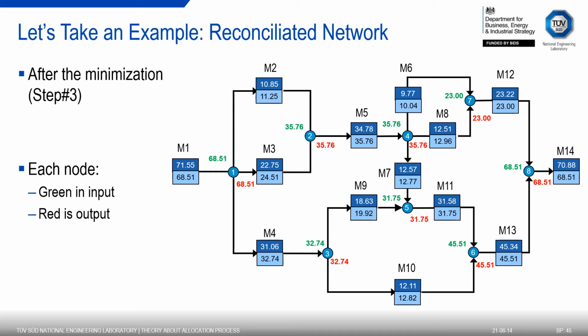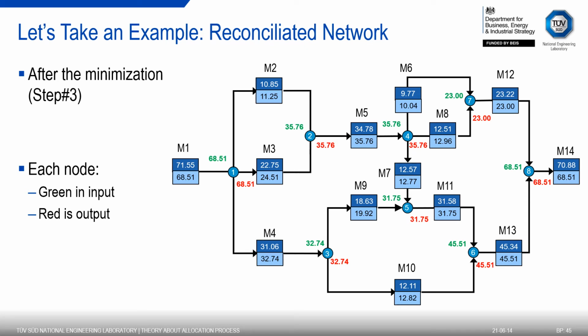And if we look at what is coming out of stage 3 or step 3 in our process, you see here that, for example, flow meter 1 was claiming to indicate 71.55, and through this minimization we see 68.51. If you look at M14 on the right side, you can see that 70.88 would have been our physical measurement here, and now we say, I'm sorry, it's not 70.88, it's 68.51.